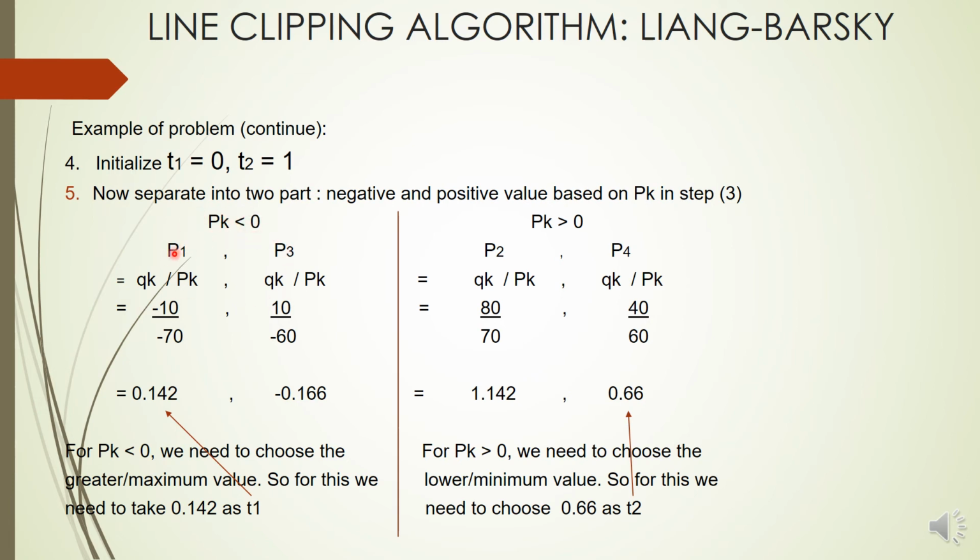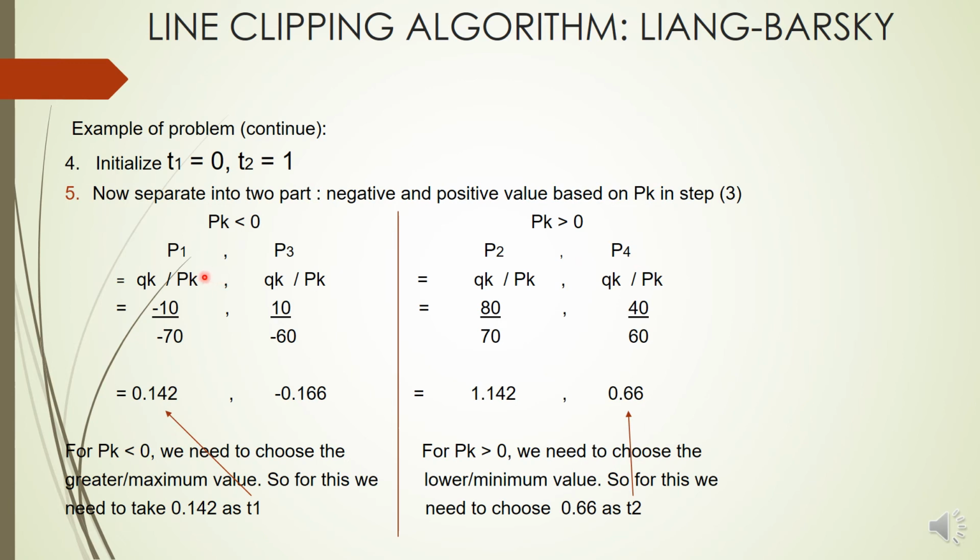You can see in the previous slide that P1 and P3 have the negative value, so that's why they are on this side. P1 and P3 having the negative value. And then P2 and P4 have the positive value. That's why they are on this side, on the PK greater than 0, because they have a positive value.